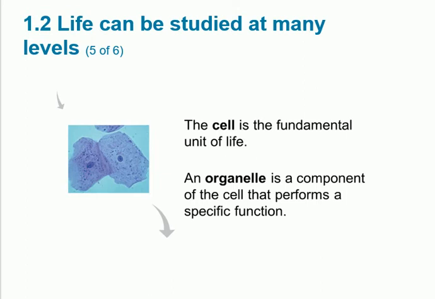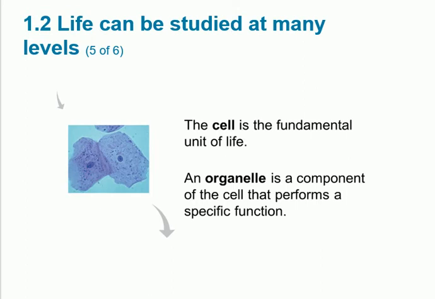So remember this, the cell is the smallest that you can go, the fundamental unit of life. But actually, if you go within the cells, you will see different organelles. These are the components within the cells, like the mitochondria, the Golgi apparatus, the cell membrane, the nucleus.